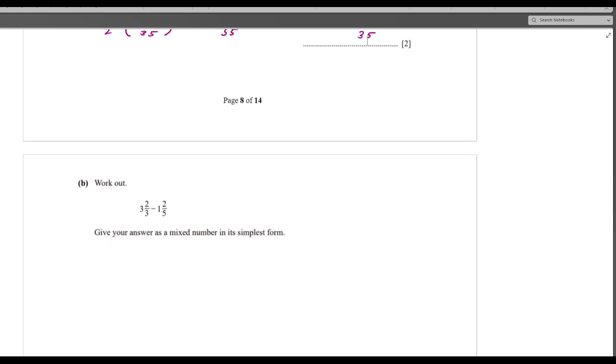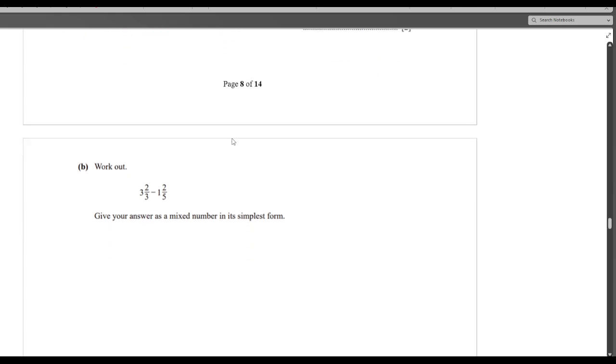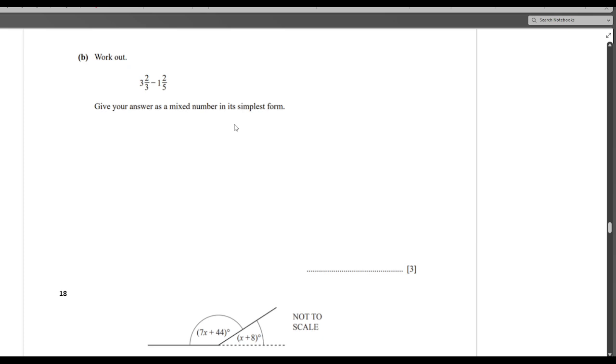Now B part, work out 3 2 by 3 minus 1 2 by 5 and give the answer as a mixed number in the simplest form. So 3 2 by 3 minus 1 2 by 5. So this will be 3 times 3 is 9, 9 plus 2 is 11, so this is 11 divided by 3 minus 1 times 5 is 5, 5 plus 2 is 7, it is 7 divided by 5.